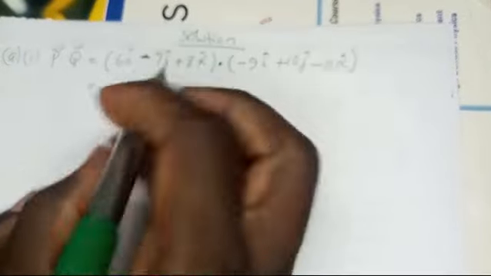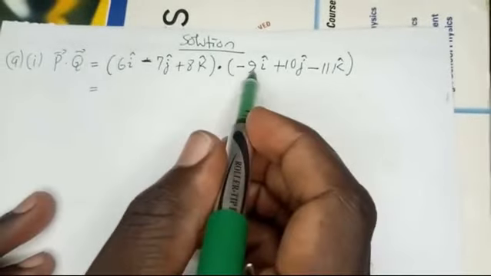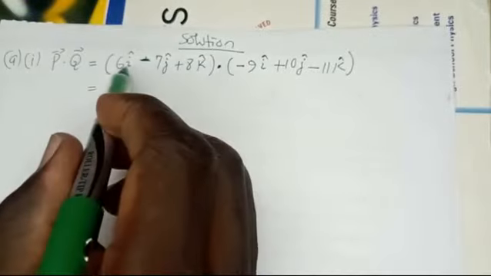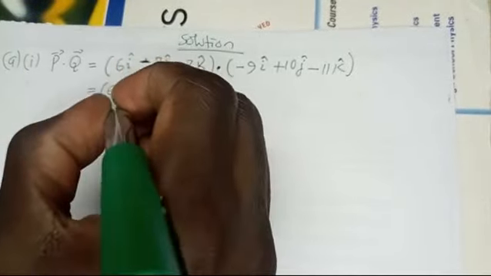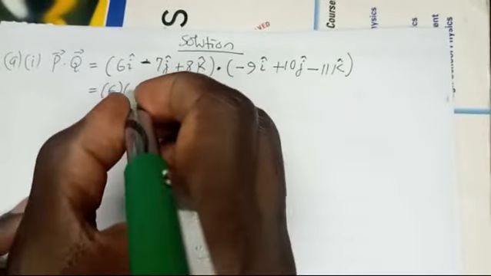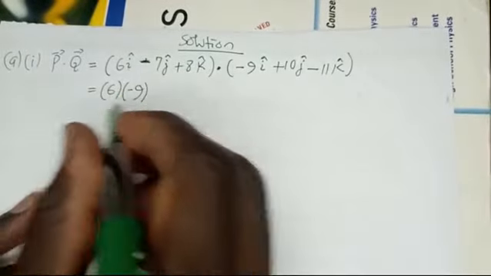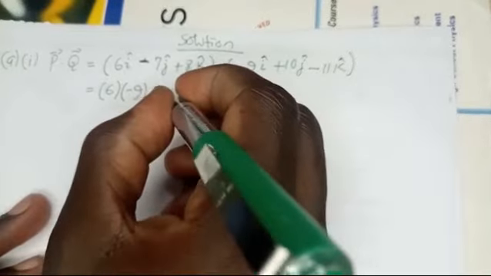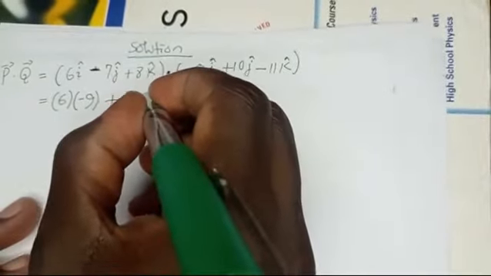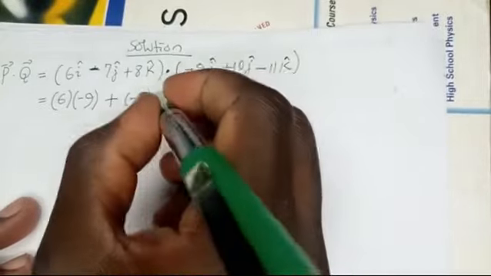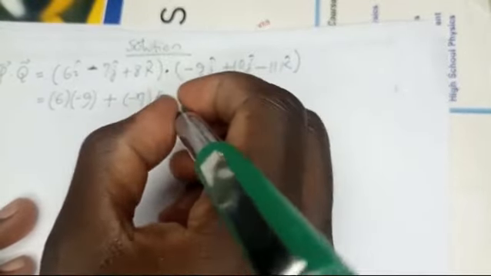Now what do we do next? Remember what we said, we multiply 6 and minus 9 and then ignore the I cap for simplicity. 6 multiplied by negative 9, each one in bracket, then plus, you go to the J, the coefficient here is negative 7, please don't forget the sign, and then this one is positive 10.